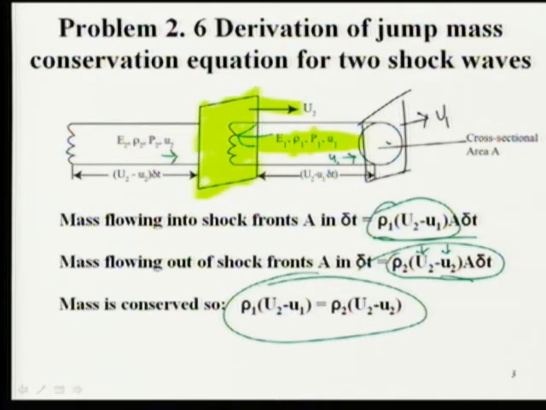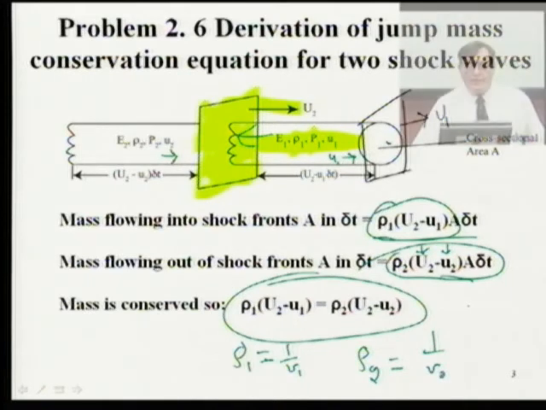So that balances, and says the mass is rho 1 times (U2 minus u1) equal to rho 2 times (shock velocity U2 minus u2). And remember that rho 1 is equal to 1 over v1 by definition for a continuum mechanics approach, and of course rho 2 is 1 over v2. So this is the compression. If you solve this equation for rho 1 over rho 2, you get the v2 over v1 expression from that.